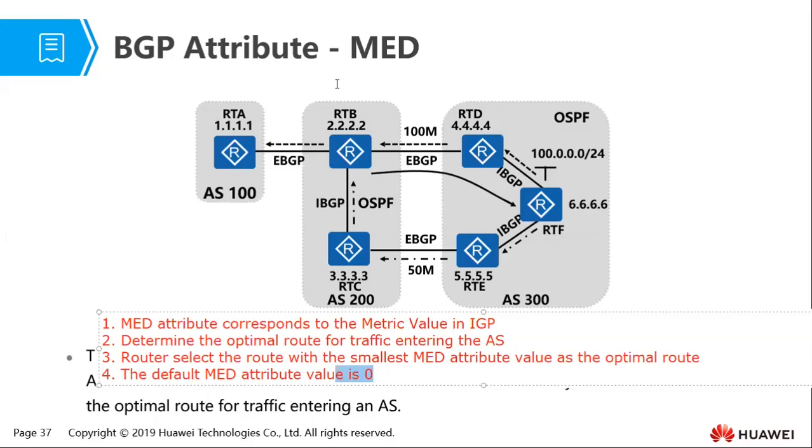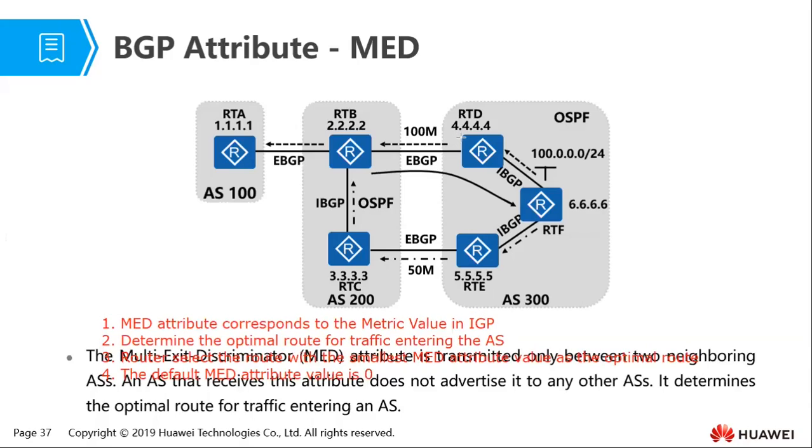If we want traffic to pass through RTD, in RTE we go and configure a higher MED value, so that this one will remain the default, which is 0. So here we configure a higher metric value, a higher MED value, for example, 100.